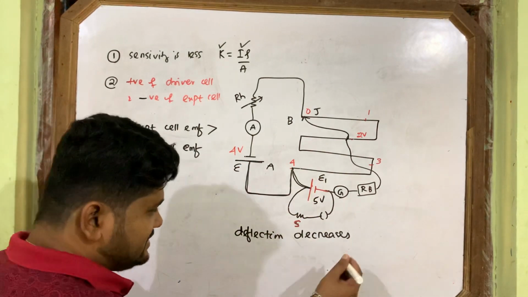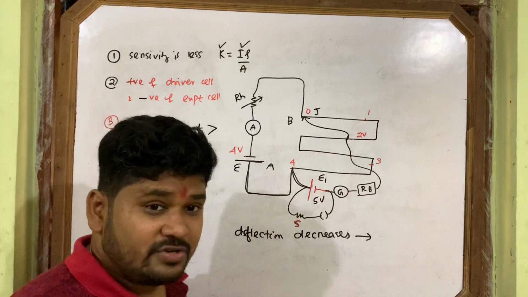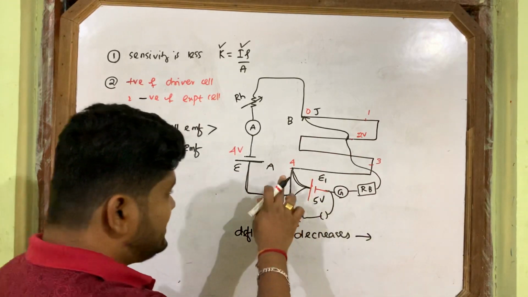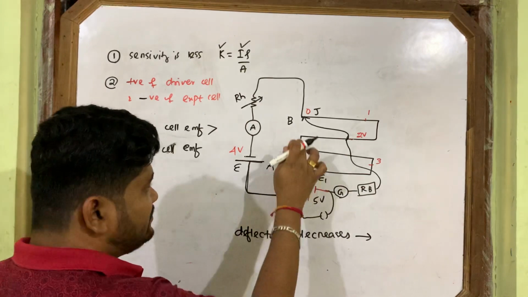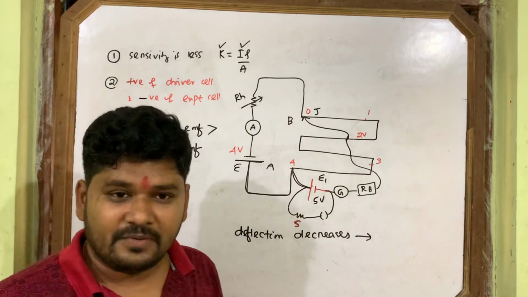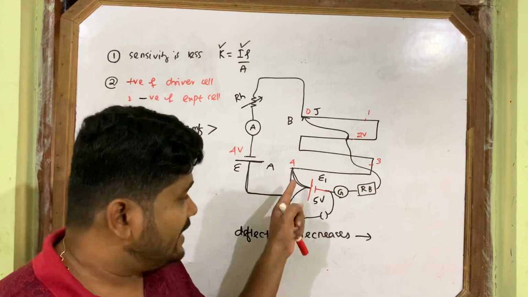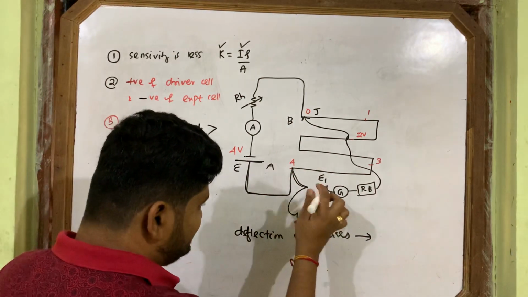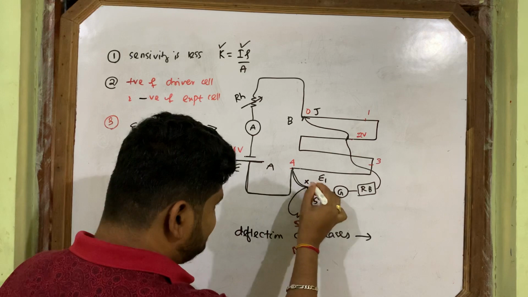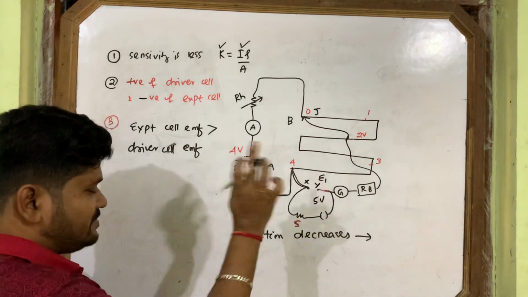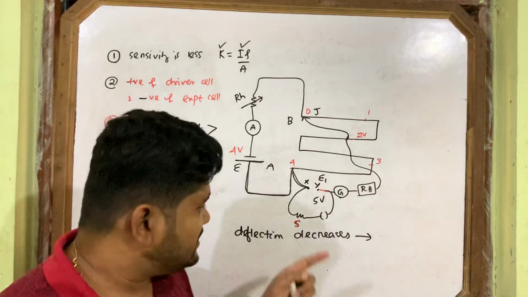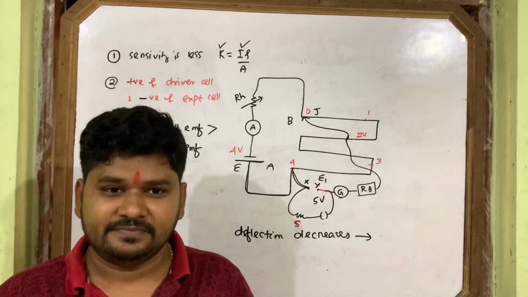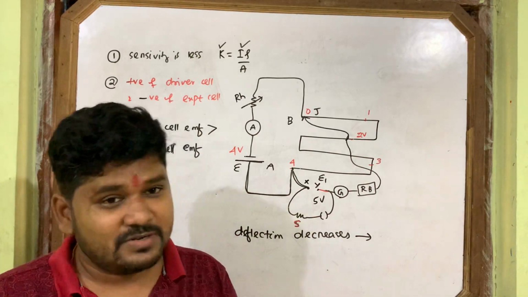In the exam a question will come: if deflection decreases when one moves from A to B, which terminal, X or Y, is positive, and which is negative?